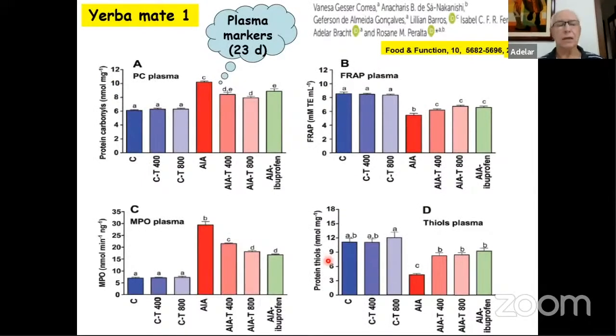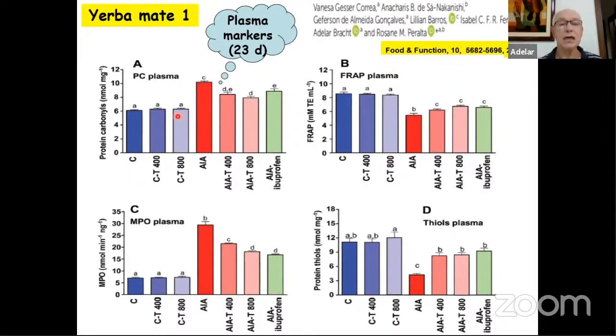For example, these are measurements in the plasma. These are plasma parameters. I have selected some parameters. I'm not showing the entire work, which has been published in Food and Function 2 years ago. This work was done in collaboration with the Mountain Research Center, which determined the content in phenolic compounds of the extracts that we use.